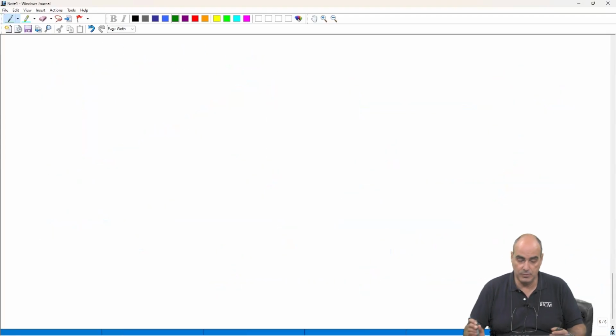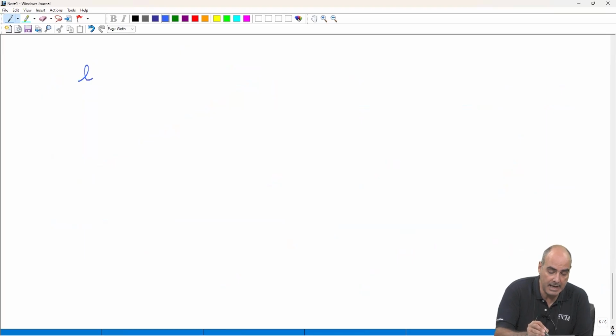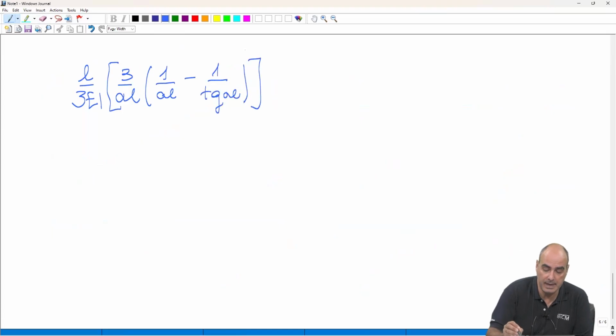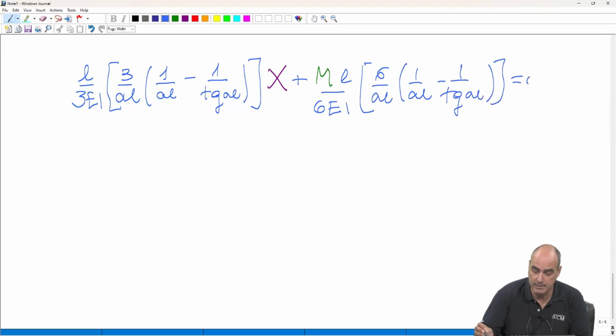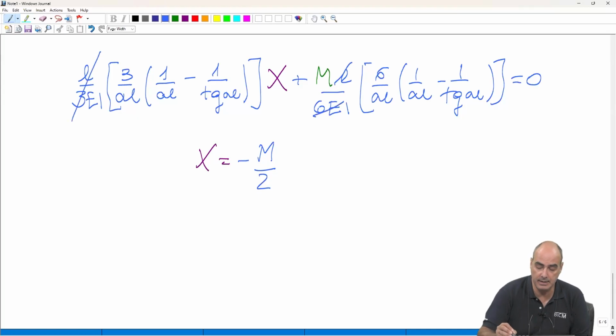So, I have to change this, but what I have is L over 3EJ times three alpha L, 1 over alpha L minus 1 over tangent alpha L, times X, plus M L over 6EJ, 6 over alpha L, 1 over alpha L minus 1 over tangent alpha L, equal to 0, which gives you X equal to minus M over 2, because you see L over 3J, L over 6, this remains 2.